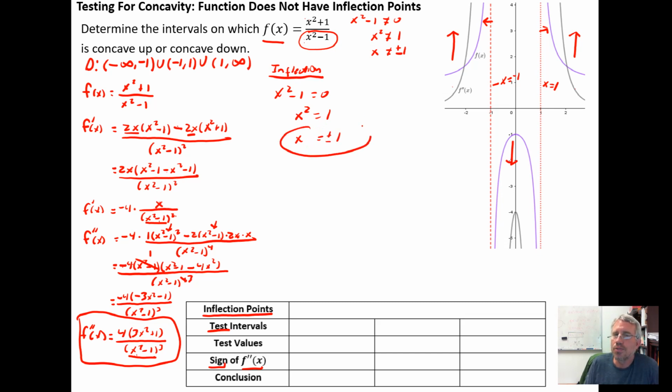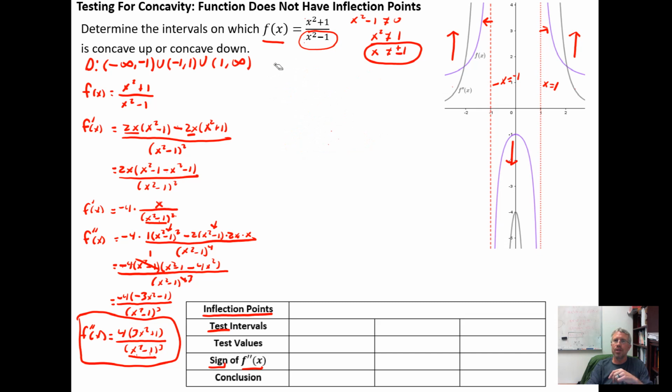But what I want to notice is that if we get a division by 0 in the denominator of the second derivative, these values plus or minus 1 aren't included in the domain of f of x. So I'm not going to get an inflection point on f of x at the values plus or minus 1.